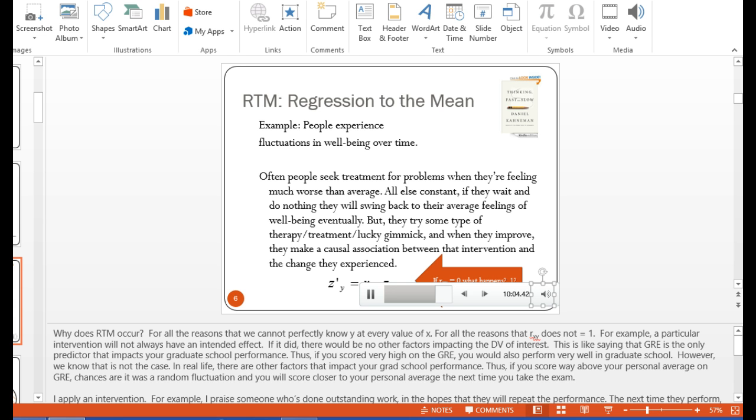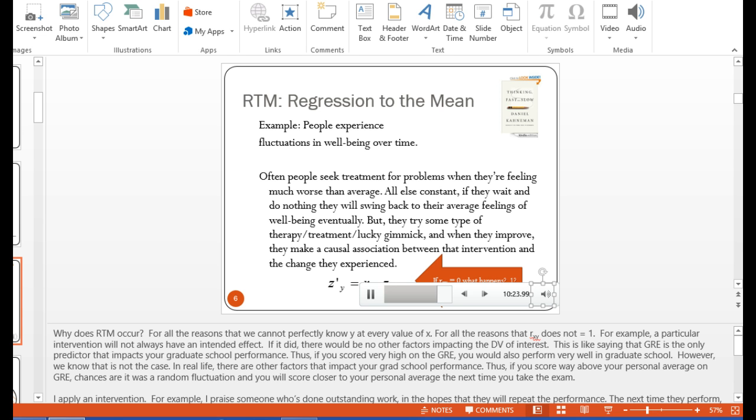So there we have this idea that when we have no relationship between x and y, we expect the DV at any value of the predictor to be the mean of the DV.